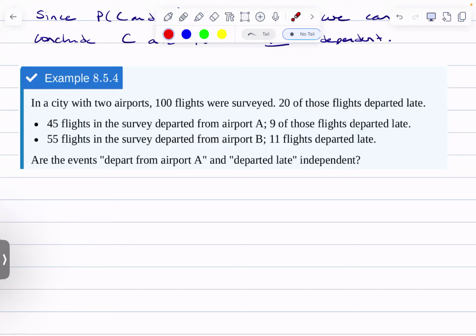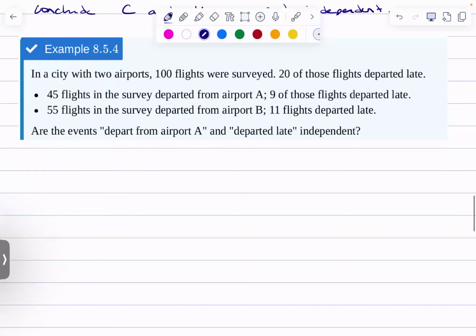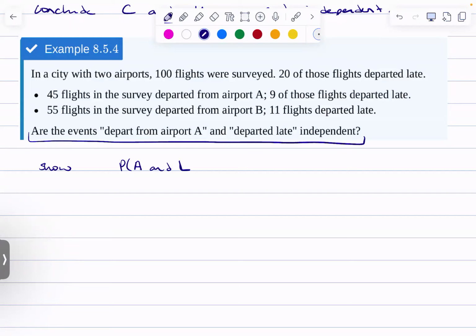So, well, if I want to prove independence, let's start there, right? Then I want to be able to show that the probability of, let's say, airport A and late, is it equal to the probability of departing from airport A times the probability of departing late?